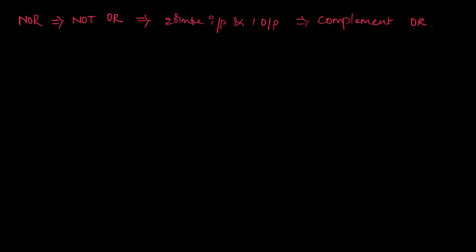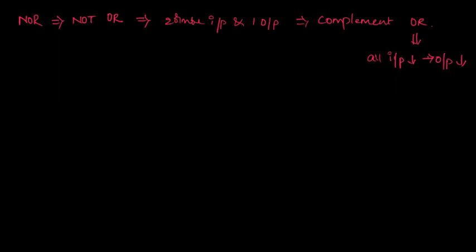Now let us see what is the condition for OR gate. The condition for OR gate is where all the inputs are low. If all the inputs are low, then output will be low. That is the OR gate condition.